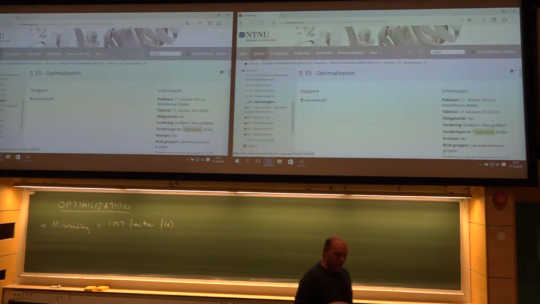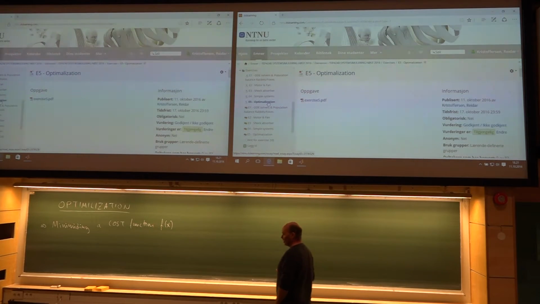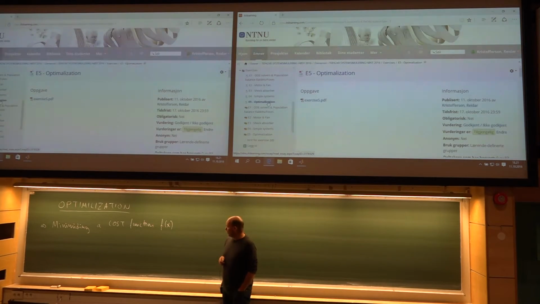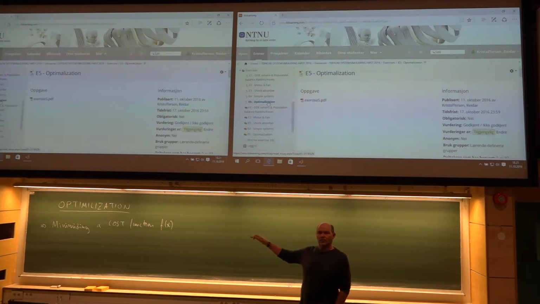For an engineer, we don't care about how much it costs as long as it works. But economists talk a different language, sadly. So sometimes we have to try to understand what they are talking about. So, minimizing a cost function. The job with optimization will typically be finding or constructing this cost function.